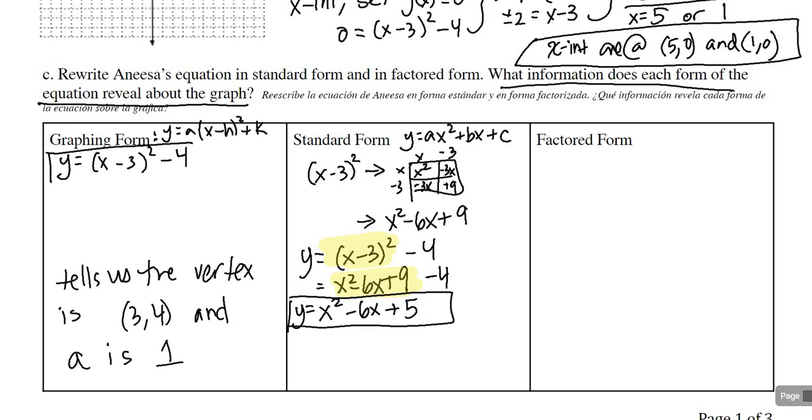This form, my graphing form, tells us where the vertex is and what a is. My standard form allows you to quickly see the y-intercept. So this form reveals the y-intercept. It's at (0, 5), and a is 1.